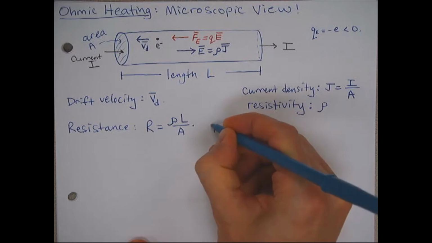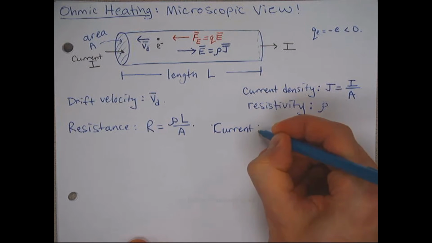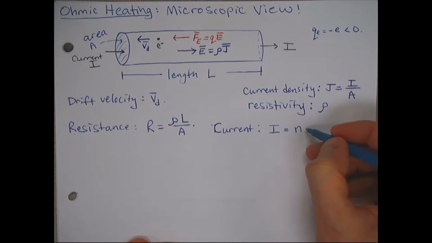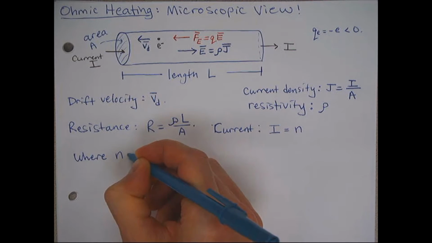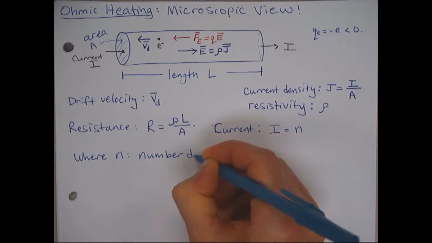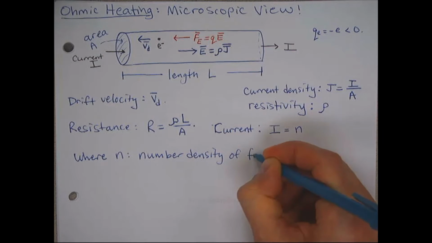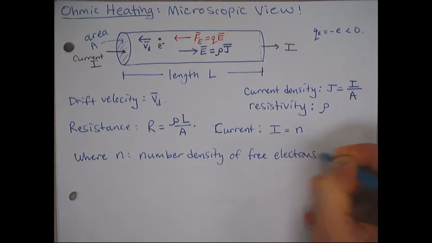And we will need our definition of the current in this microscopic picture, which was lowercase n, which was the number density of free electrons in this case.